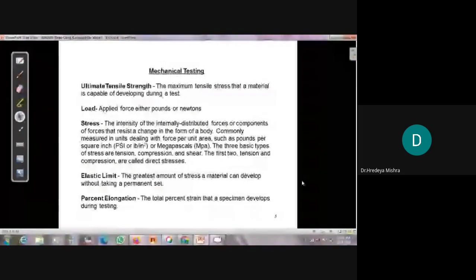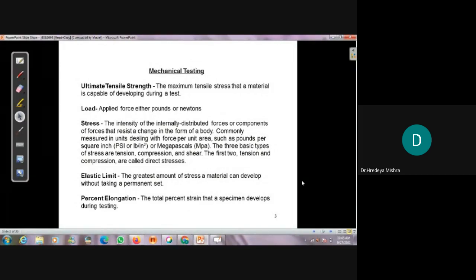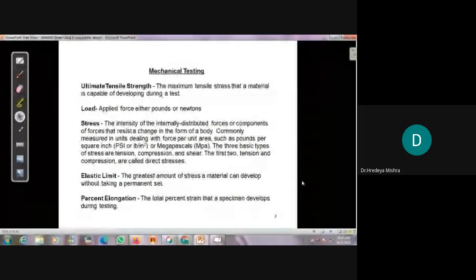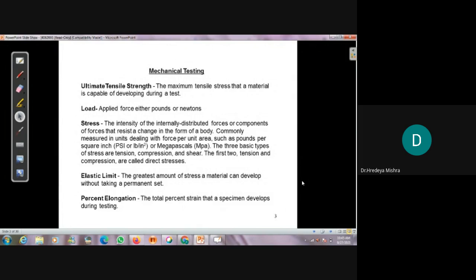As we see in the table, the load is applied in the form of Newton, so we can easily go through it and get the value for it.